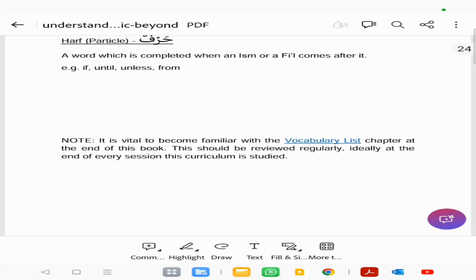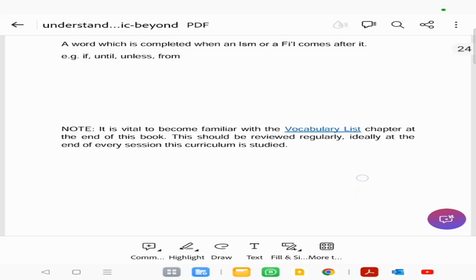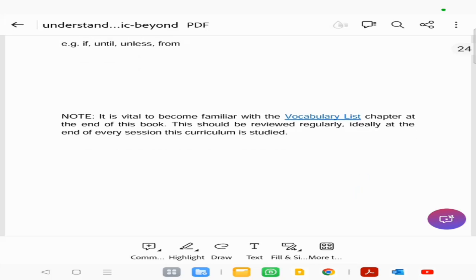One thing to note, at the end of pretty much every chapter in this book, there's a note that it is vital to become familiar with the vocabulary list chapter at the end of this book. This should be reviewed regularly, ideally at the end of every session this curriculum is studied.